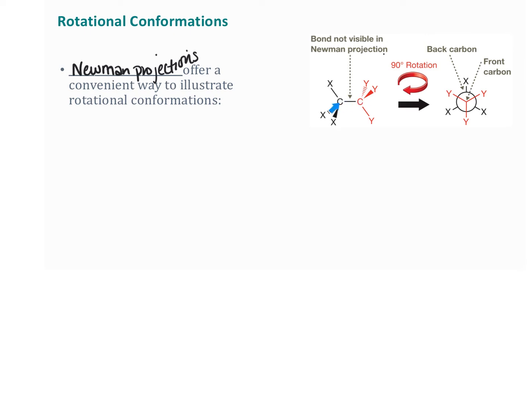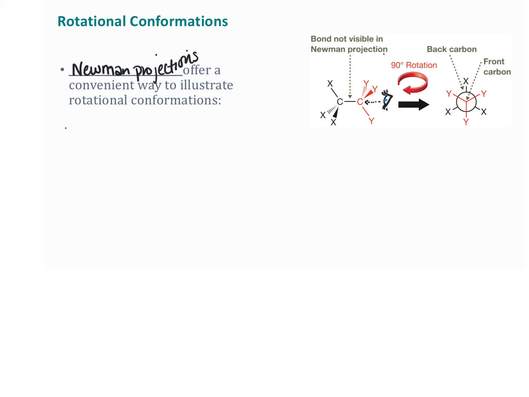And so we're viewing it, if we were to come here, and I'm going to draw a really creepy eye. Maybe I'll put some eyelashes on it so it's not so creepy. Here, we'll do an eyeball there. So if I'm viewing it right down this bond right here, that's what we see. So we have a front carbon and a back carbon. Let me put some words to that.